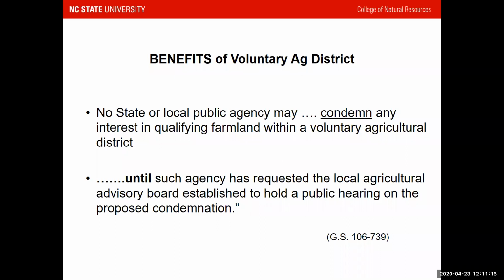So it's one more step in the process of eminent domain or the condemnation of properties for public uses. And in many cases, these are transportation-like projects, or at least those are the ones that have prompted a public hearing to date. So it's one more level of protection of farmland at the county level.